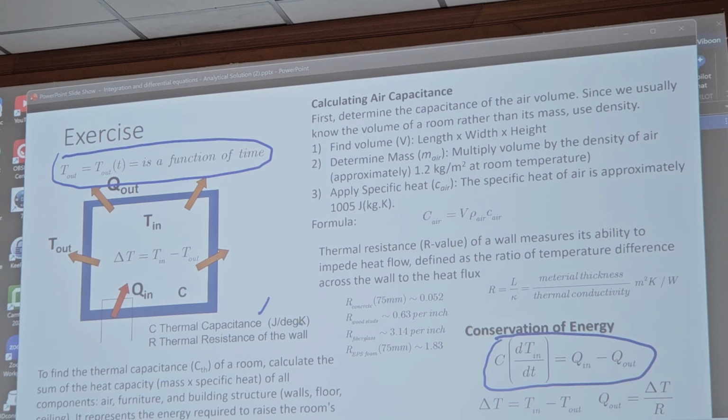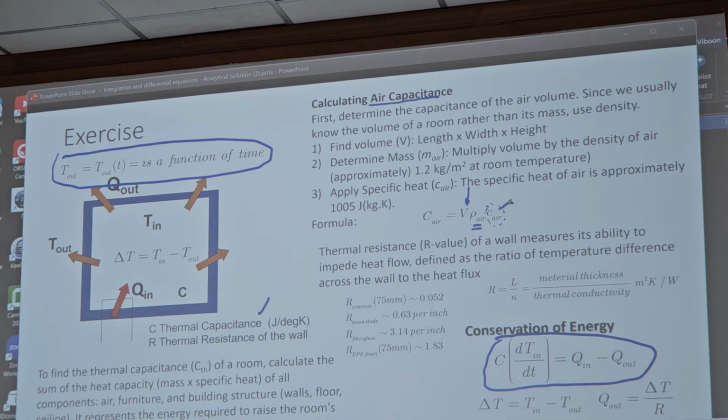It's J over degree Kelvin. The air capacity inside this room is equal to the volume times the density of air times the specific heat.